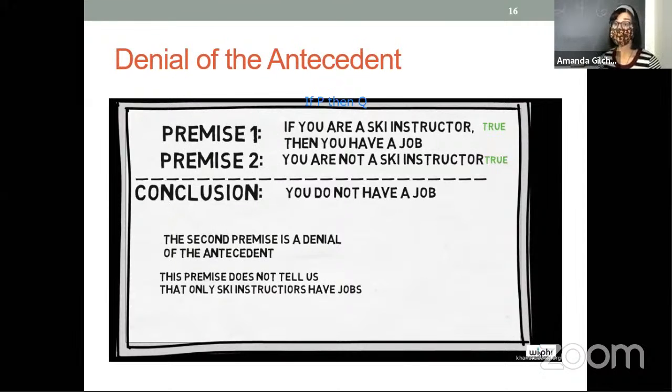And people are actually really good at recognizing that denial of the antecedent is not valid. We have a harder time with affirmation of the consequent. Now, likewise, we have an easier time believing that modus ponens is valid.